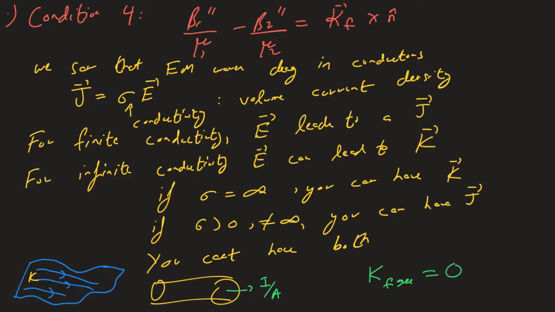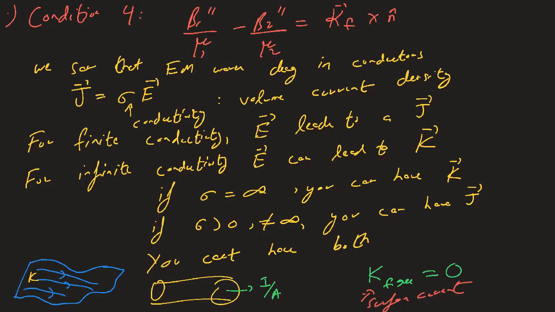Because K is a surface current which is confined to an infinitesimally thin fragment of the interface. So that's why Kf is 0 for a finite conductor. I hope this is clear. If it's not, then we can discuss it further.